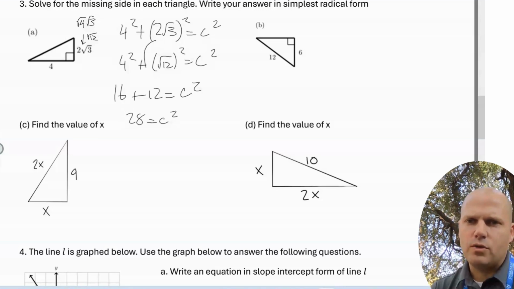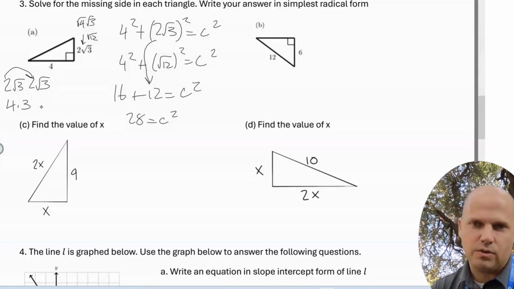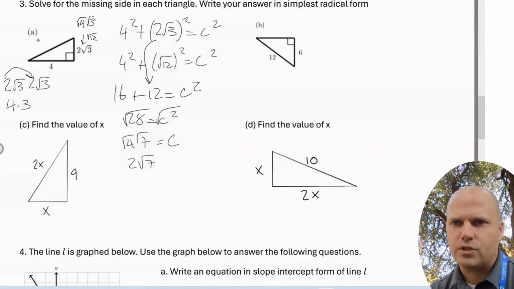If you want to, you could have done 2 root 3 times 2 root 3, and you get 4 times 3, because 2 times 2 is 4, and root 3 times root 3 is root 9, which is 3. Okay, we square root. C is going to be the square root of 28, which is root 4 root 7, which is 2 root 7. So this is 2 root 7.